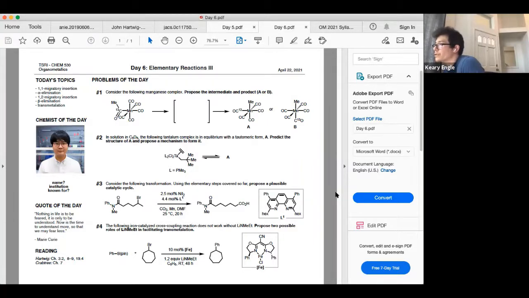So in solution in deuterobenzene, you have this diphosphino dichloro tantalum alkyl olefin complex. It's a bit of a mouthful. And this is in equilibrium with another form that is isomeric. So what is the predicted structure of A, and mechanistically, how would you form it?